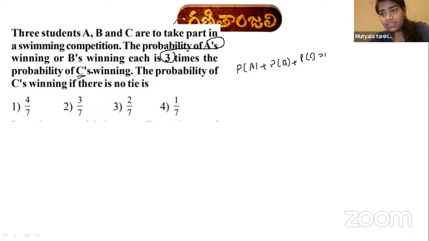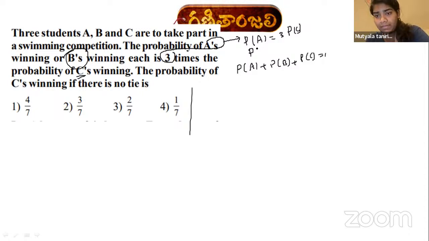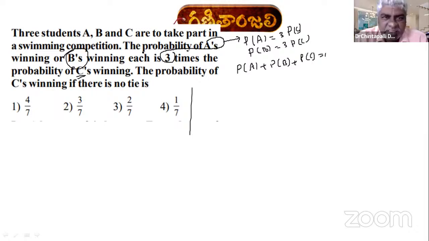That means the probability of A is equal to 3 times the probability of C, and the same condition holds for B: the probability of B's winning is equal to 3 times that of C's winning.